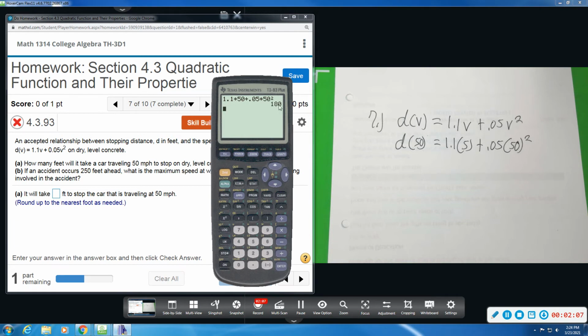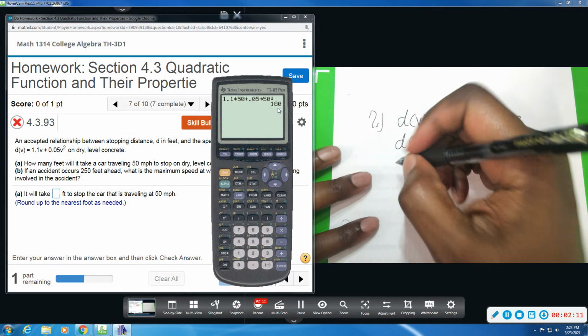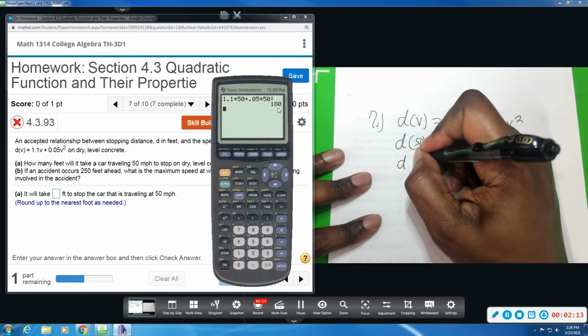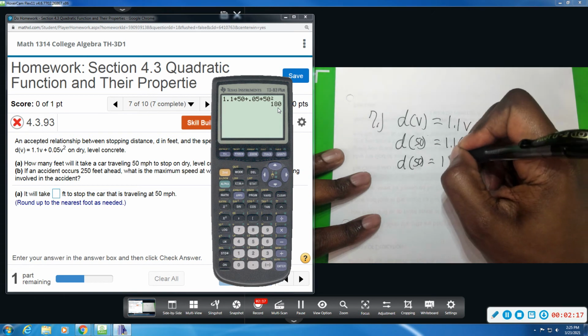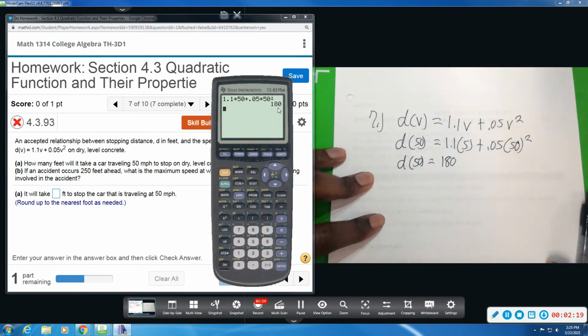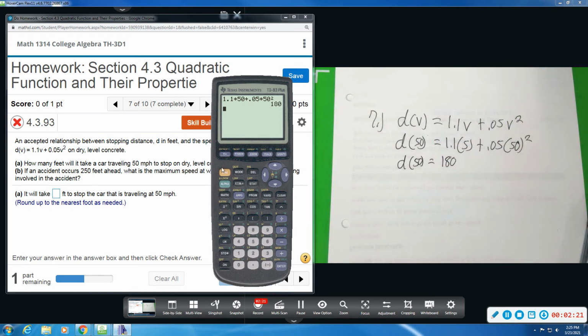And it gives us 180. So it's going to take about 180 feet if you were going 50 miles per hour, according to this equation. It would take you 180 feet to stop this car.